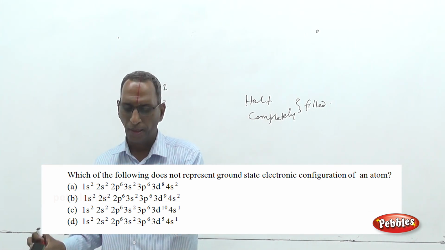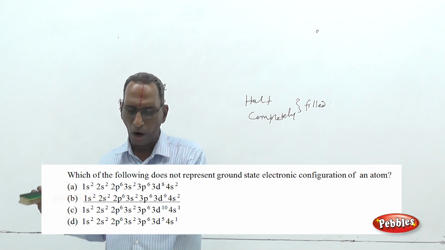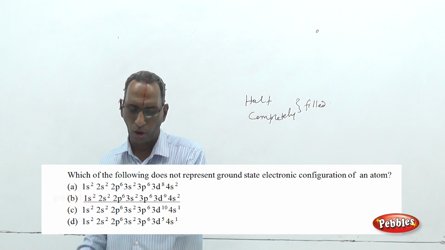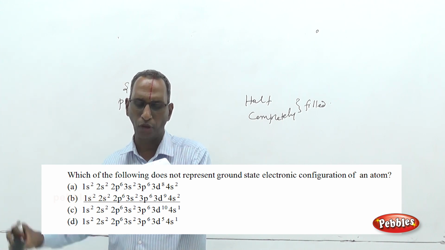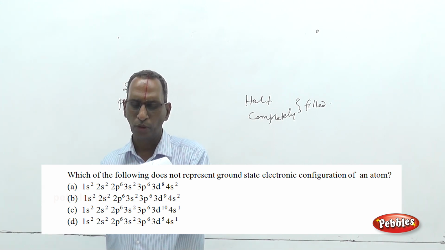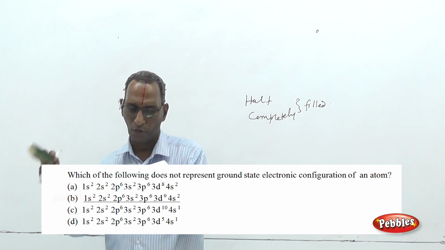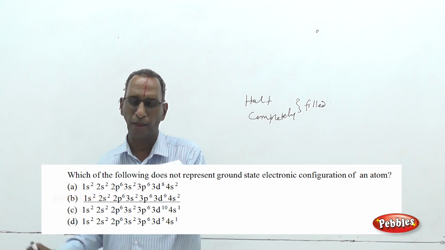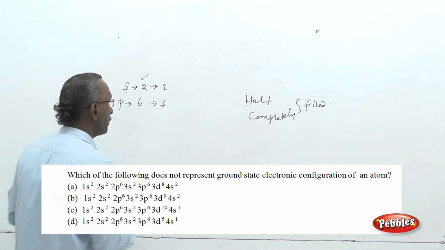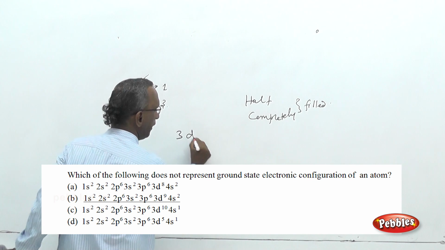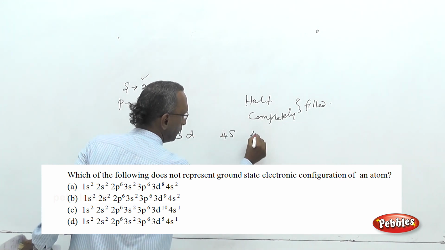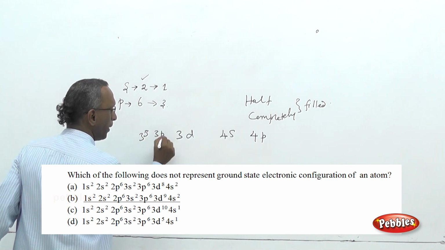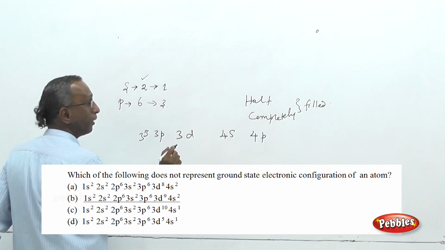All the choices have 1s2, 2s2, 2p6, 3s2, 3p6, so up to the third shell p orbital it is filled. Then next to 3p we have 3d, 4s, 4p.